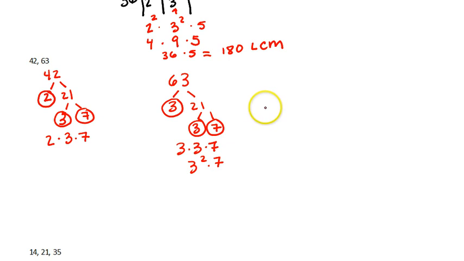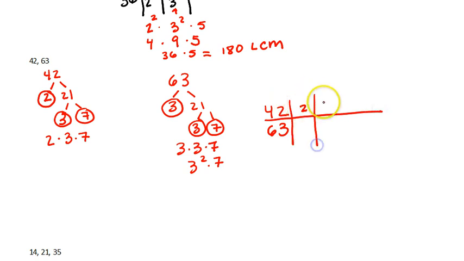So let's make our table. 42, 63. We have 2 times 3 times 7. For 63, we have 3 to the second times 7.